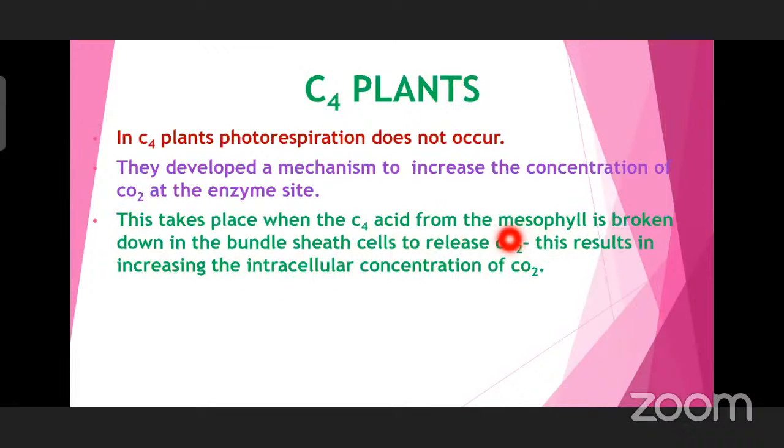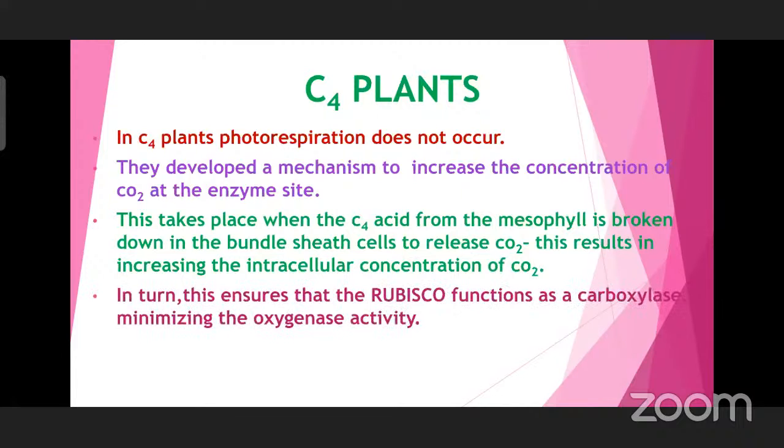So remember, in C4 plants we have the mesophyll tissue as well as bundle sheath cells, which are special cells surrounding the vascular bundle, where the Calvin cycle, the C3 cycle, will take place. Here, to release carbon dioxide, this results in increasing the intracellular concentration of carbon dioxide. The bundle sheath arrangement you are going to learn tomorrow.